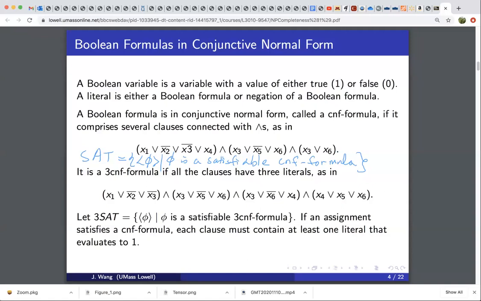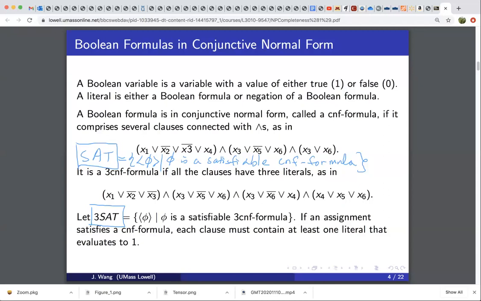One is SAT, which stands for Boolean satisfiability, not the standard SAT test, right? And then the other language is 3 SAT. So these are 2 decision problems, and we know that they are both in NP.